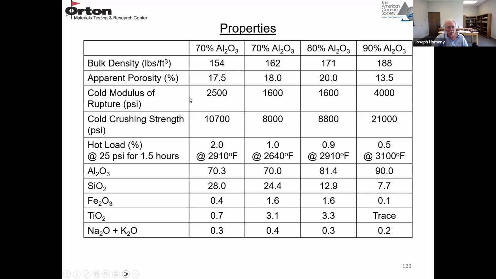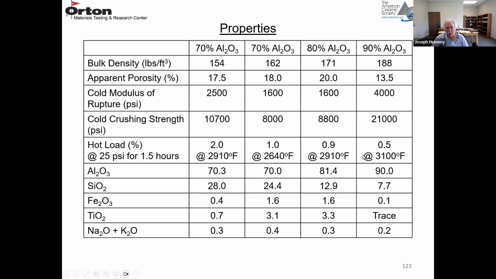The cold MOR, some of these are having a little bit better, especially this one with the low porosity. And then the crushing strengths are going up from 8,000 all the way up to over 20,000. So these higher strengths on the 90% alumina are due to the low porosity and high alumina content.